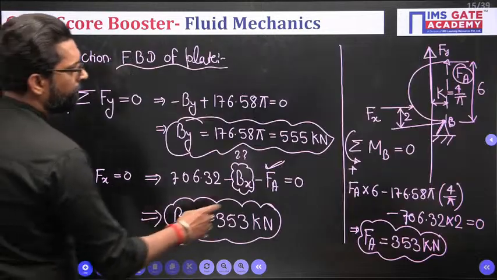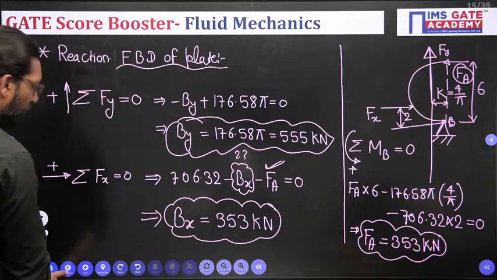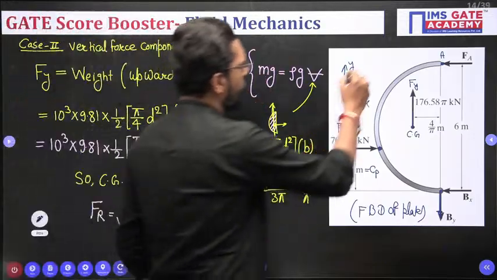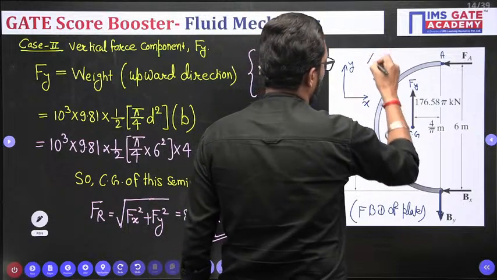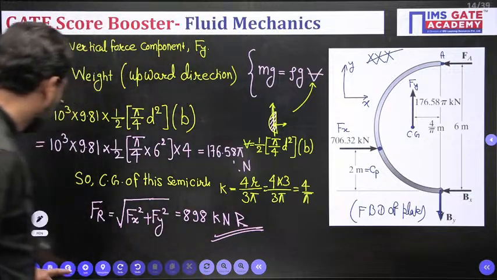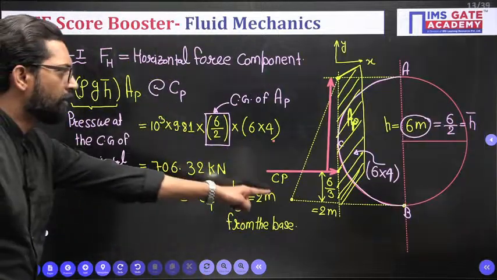So this is your horizontal, this is your net force. How to calculate? This is a free body diagram. Very important. You have to always note down this thing. How to find horizontal force?